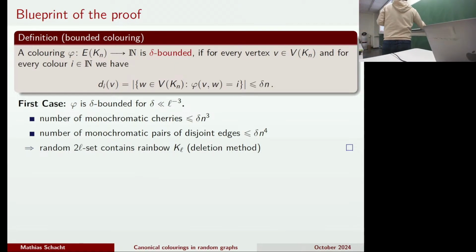Okay. But among us we can feel at home, and the reason is clear, right? So if you are not delta bounded, that means you have one vertex, and this vertex has many monochromatic neighbors. And of course, I don't know where this vertex is, to the left, to the right, are the neighbors to the left, to the right. But without loss of generality, I can say I have a subset of size delta n over 2 such that all edges go in the same direction and they have the same color.